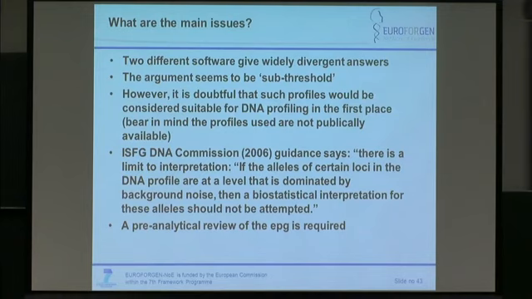Many laboratories carry out a pre-assessment of the evidence, the EPGs, before they carry out the analysis. They will have internal guidelines which would normally prevent the extreme low-level profiles from being reported. And it goes to the point, if you've got a bit of software and you throw a load of numbers at it, you'll get something out, but it doesn't necessarily mean it's meaningful.